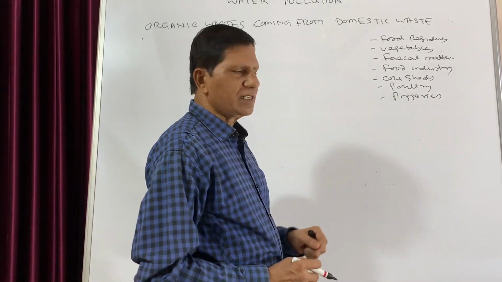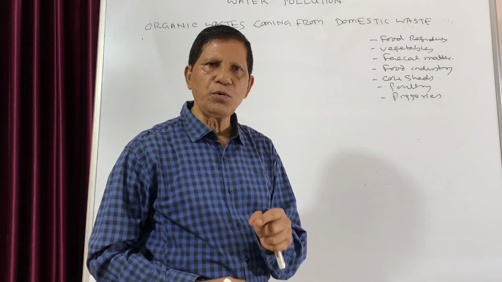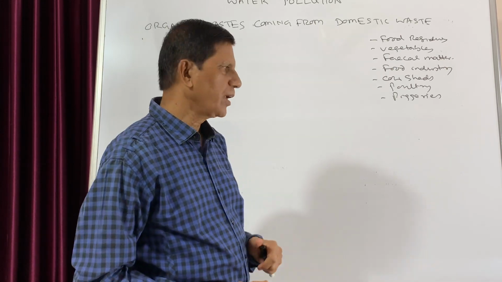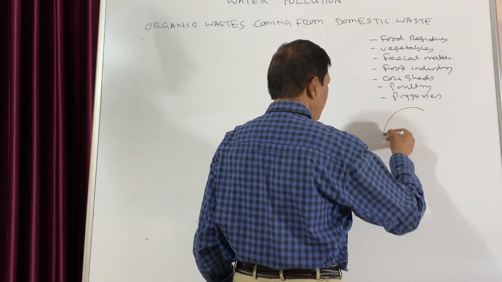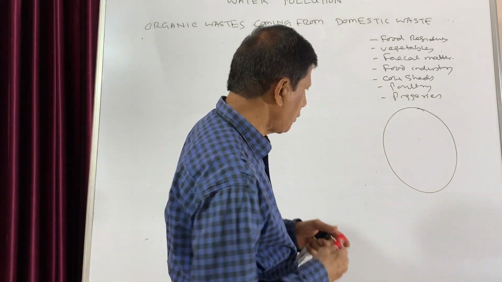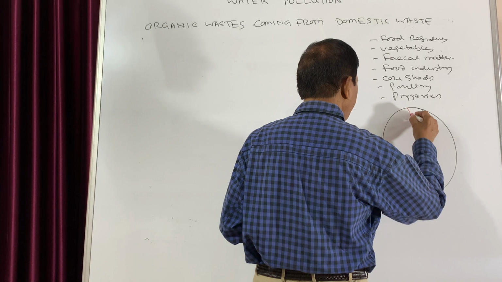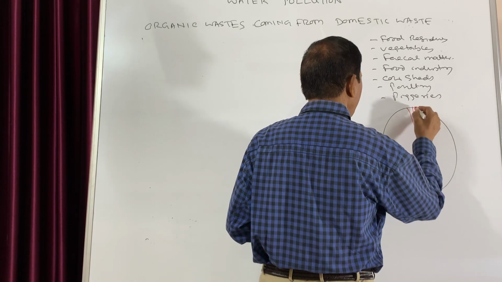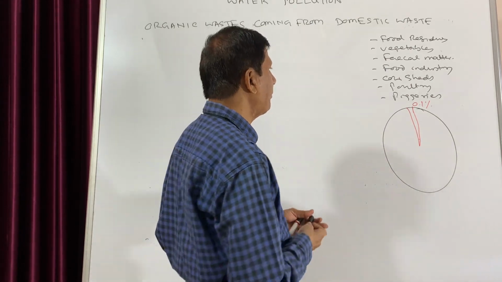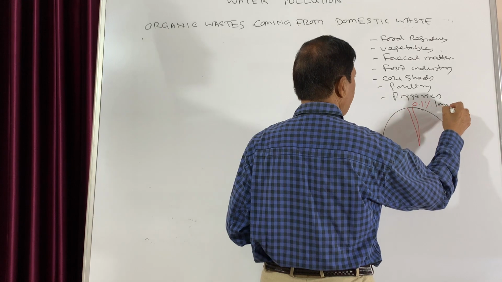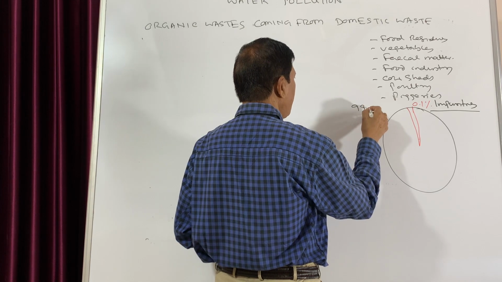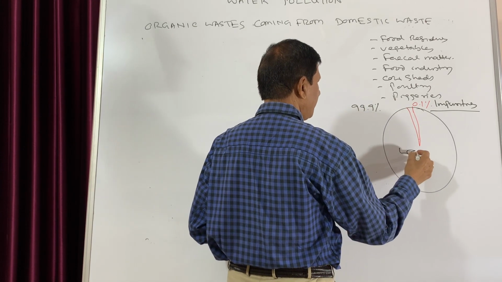Now all these things consist of only 0.1 percent of the total water. That means if this is water, then only 0.1 percent of it consists of impurities, while 99.9% is only water.